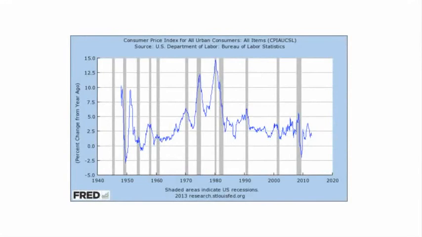And the other key feature of the business cycle we're going to investigate is the implications for the rate of inflation. Whilst the previous slide showed that recessions are associated with an increase in unemployment, what this slide shows is that recessions are often associated with a decrease in the rate of inflation.